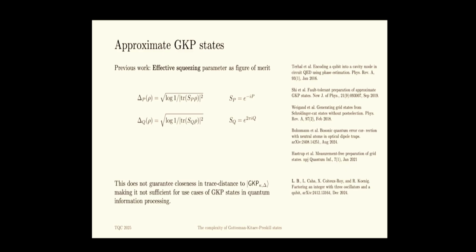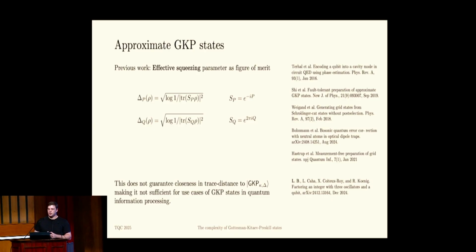But trace distance is, of course, the relevant quantity for quantum information processing. So the preparation protocol that I will show you in a second actually comes with rigorous fidelity guarantees in terms of the trace distance, meaning that in principle you can replace any GKP state by the output state of our preparation protocol. One application of this is some other recent work where we use GKP states for factoring integers, and I think there will be a talk in the afternoon on this if you're interested.